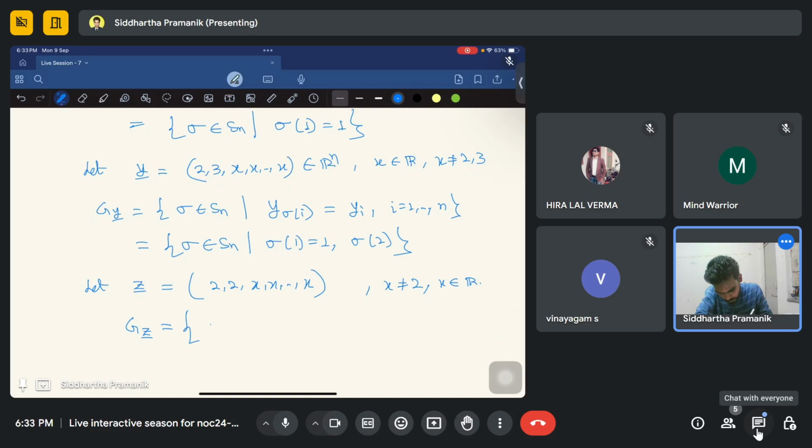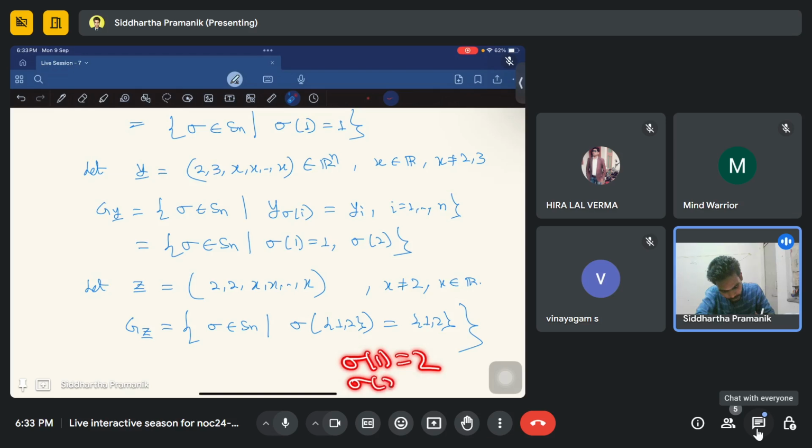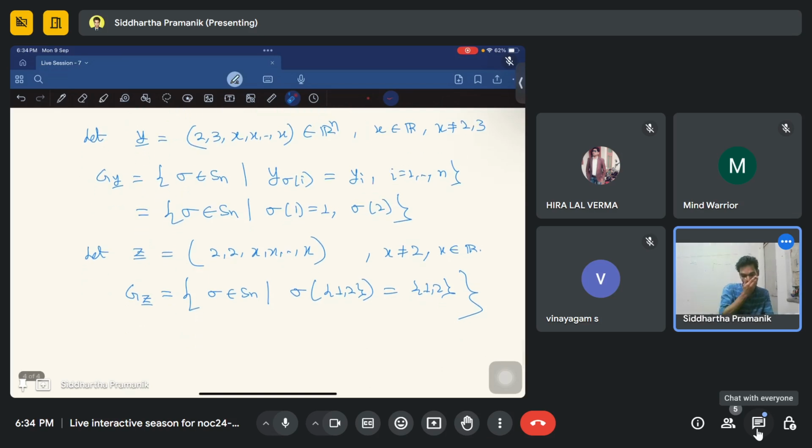So here sigma belongs to Sn such that sigma of this set is equal to {1, 2}. But observe that here we can map 1 to 2 and 2 to 1 because we have the same entries in the first two coordinates. We can permute them among themselves, and similarly the other coordinates we can permute among themselves. So did you understand this? Yes, sir. Others, do you have a doubt?